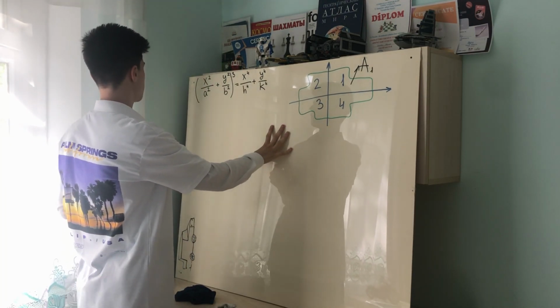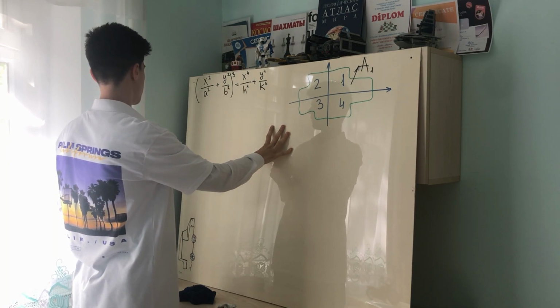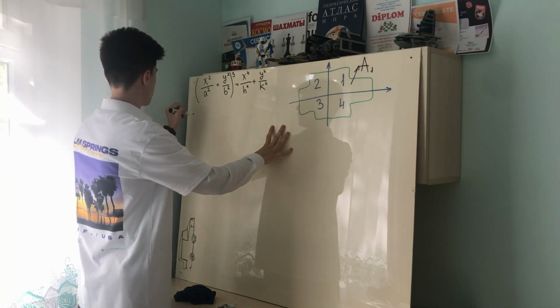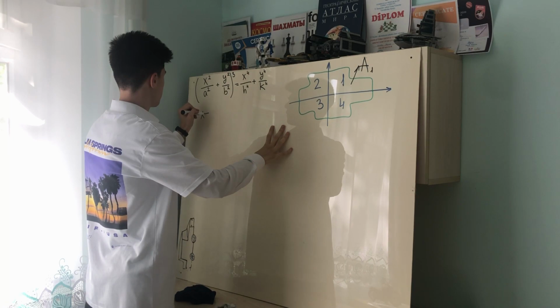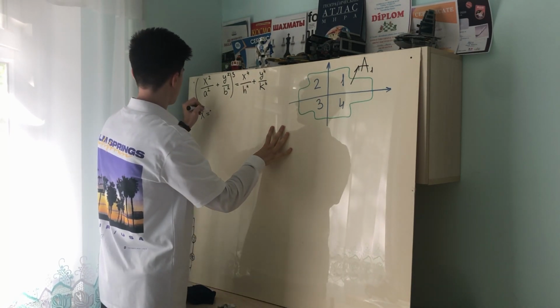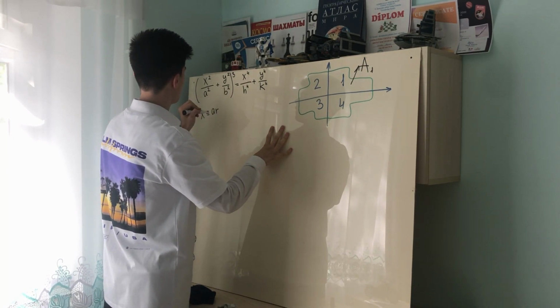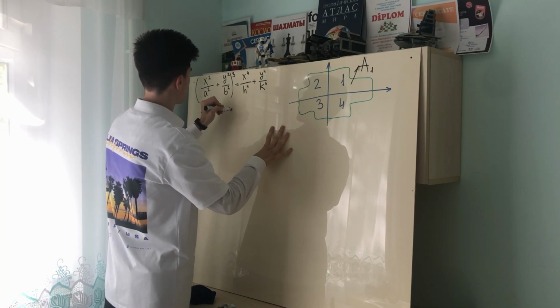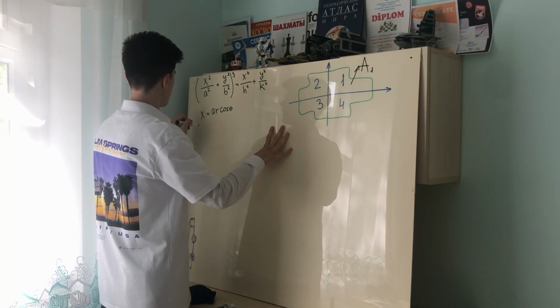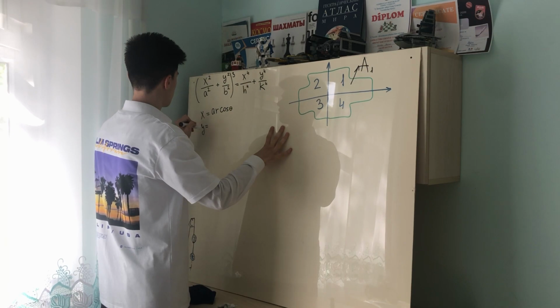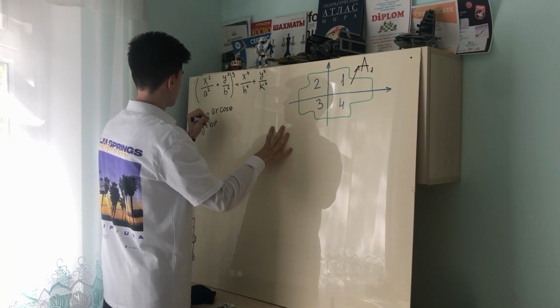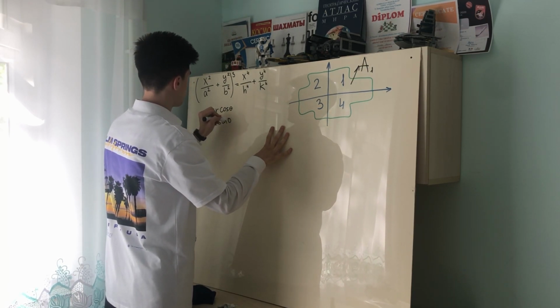we can consider polar coordinates as x equals a r cosine theta and y equals b r sine theta.